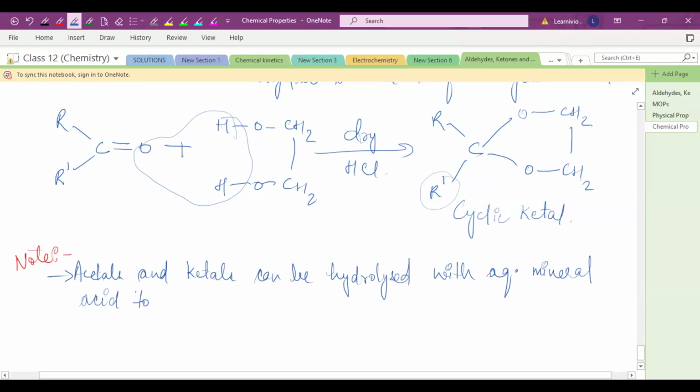Mineral acid is just other than your organic acid, to form the parent aldehyde or ketone.